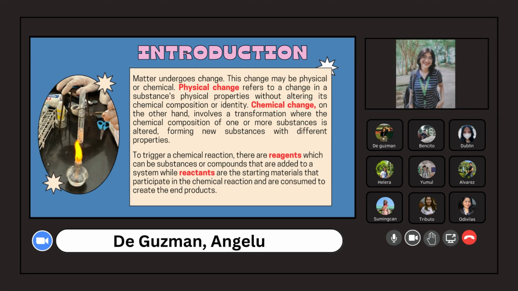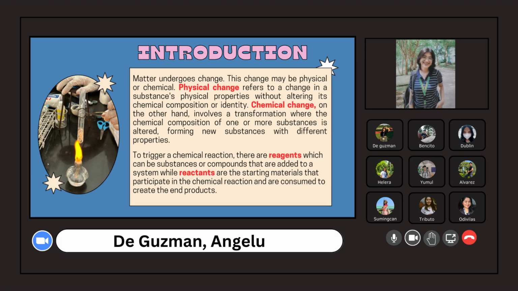Many people may not be familiar with the term reagent, but are more familiar with reactants. To clarify, reagents are substances or compounds that are added to a system to trigger a chemical reaction. Unlike reactants, they are not necessarily consumed by the reaction.